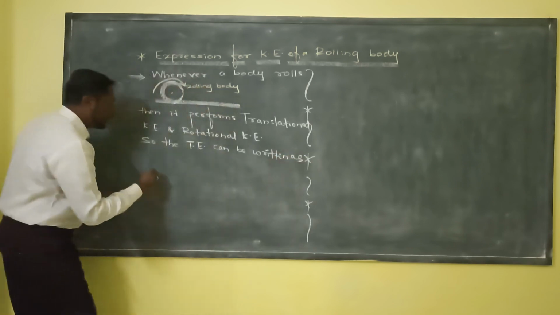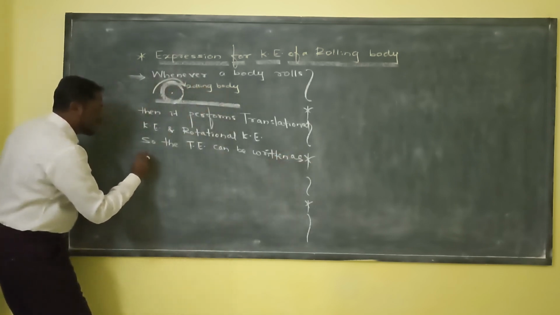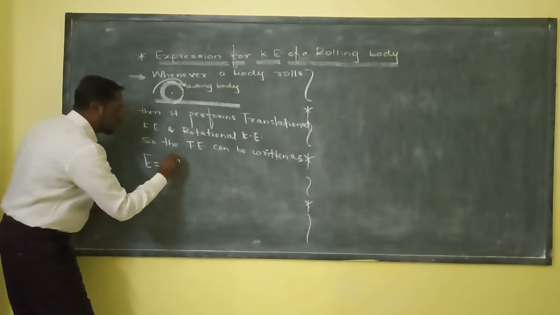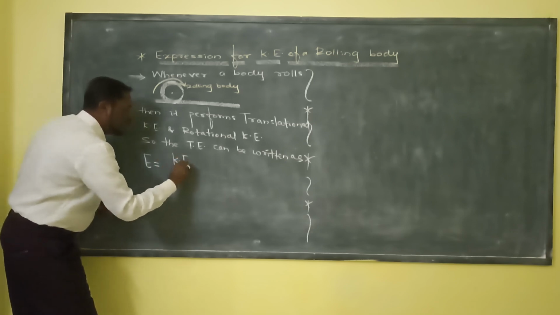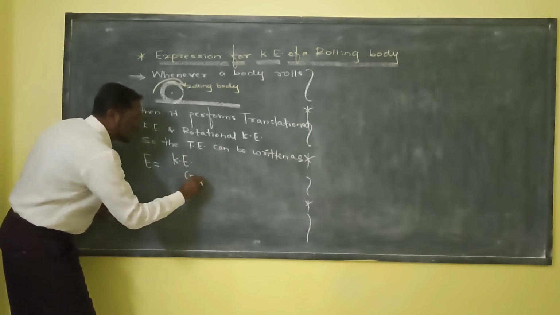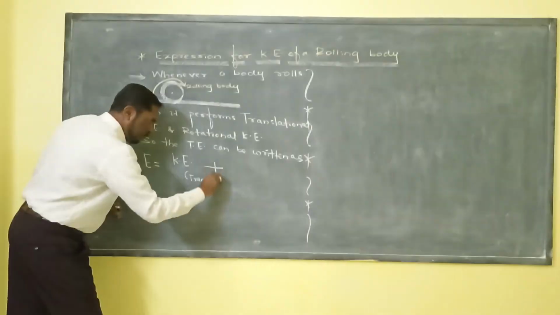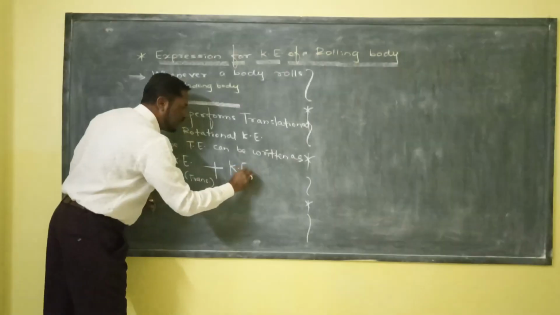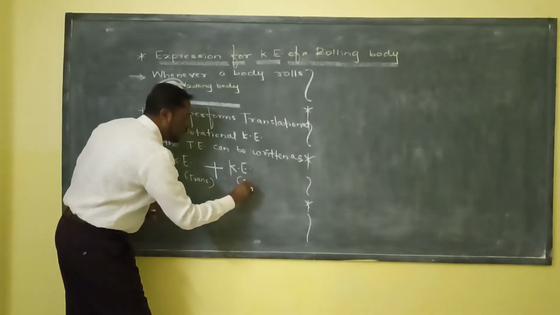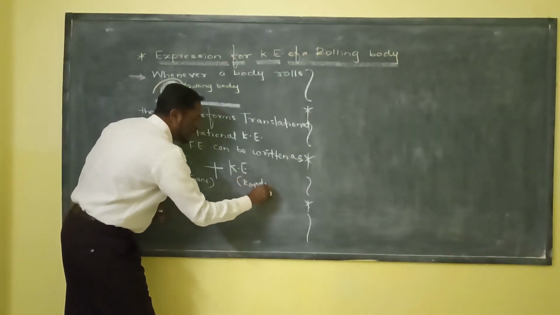So the total kinetic energy, that is capital E, is equal to the kinetic energy related to translational, plus another kinetic energy related to rotational.